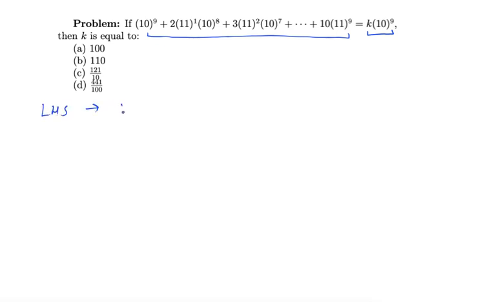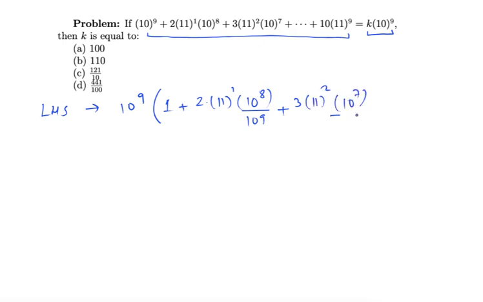So, if I take 10 to the power 9 common, this becomes 1 plus 2 into 11 to the power 1 over 10 to the power 8, plus 3 into 11 squared 10 to the power 7 upon 10 to the power 9, and this goes till 10 into 11 to the power 9 upon 10 to the power 9.